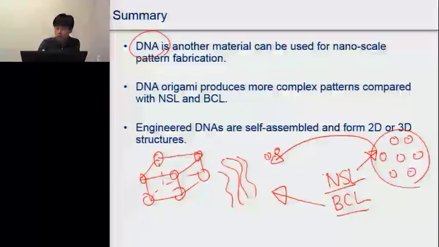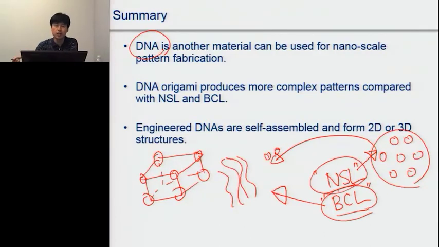But these two methods have a limitation in terms of the designs we can achieve. But as you saw from the examples, DNA offers much more variety of pattern formation.